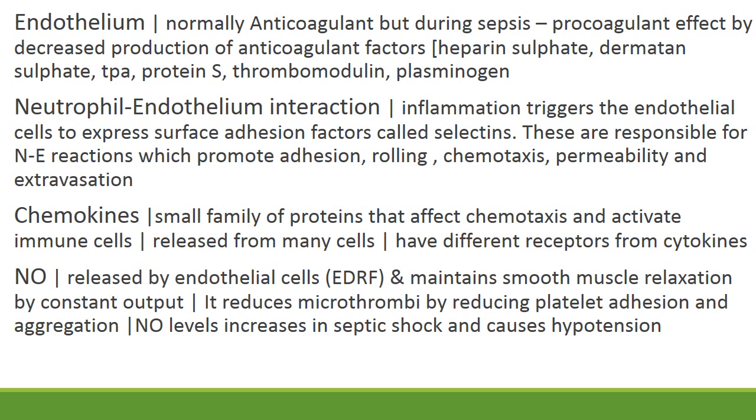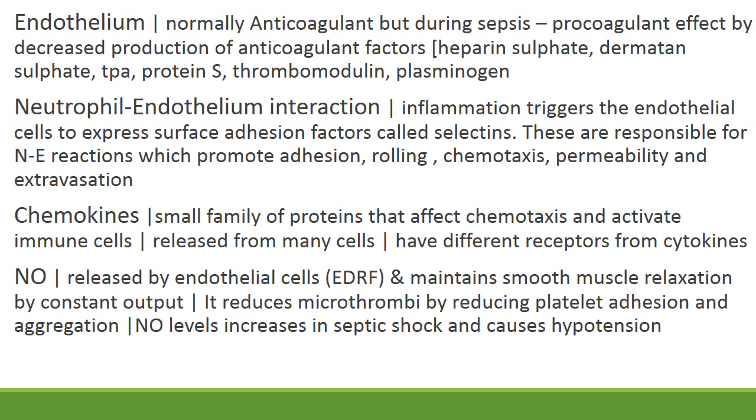The vascular endothelium is normally anticoagulant because it secretes heparin sulfate, dermatan sulfate, plasminogen, protein S, tissue plasminogen activator, etc. But during sepsis, it has a procoagulant effect by reducing the production of all these factors.